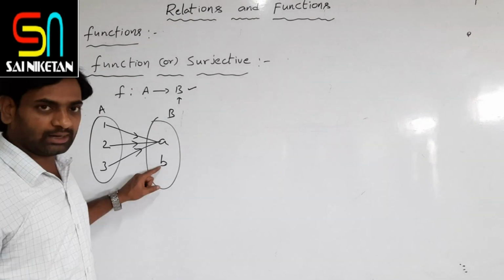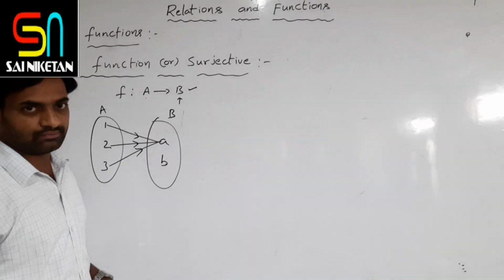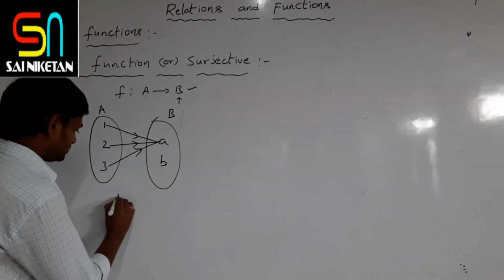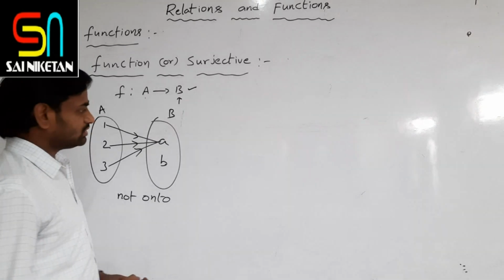For the b element, there is no mapping with any element of set A. That's why it is not onto. Okay? See one more example.